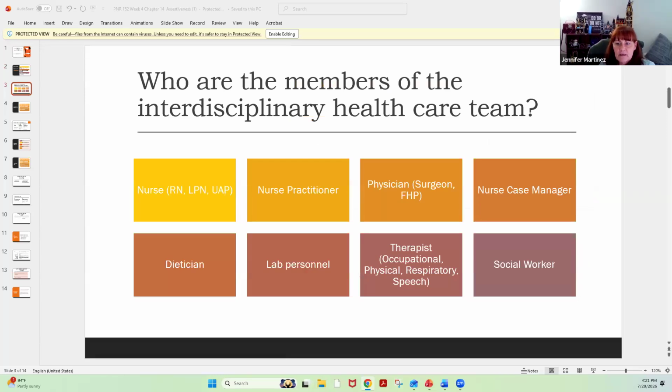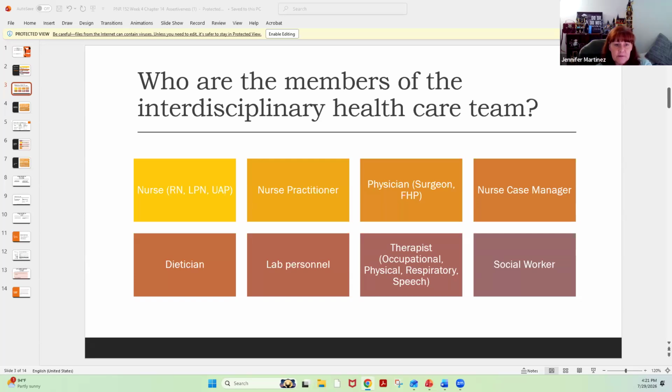So the members of the interdisciplinary care team, we have our nurses, right? These are our RNs, our LPNs, our UAPs. UAPs have a variety of different names. I'm probably going to get some of them, not all of them, but like your CNAs, your care techs, your patient care partners. It could be your ED techs.